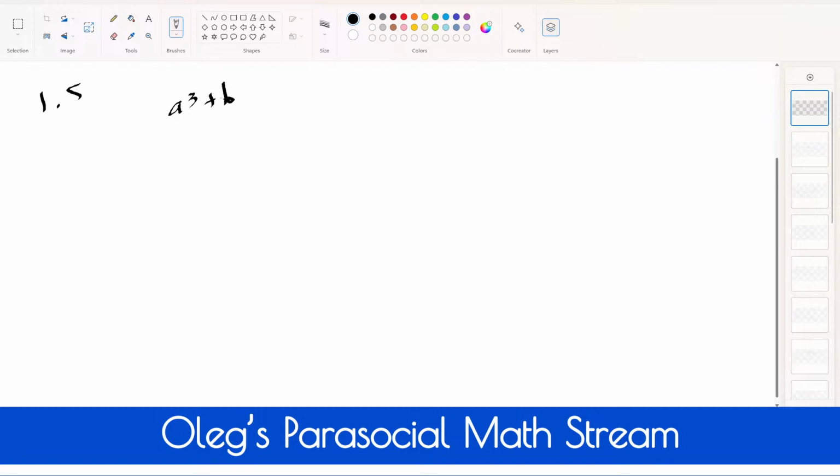A cubed plus b cubed, and that's going to be a plus b, and then we have, so first one is going to be, okay, so that's going to be the same.